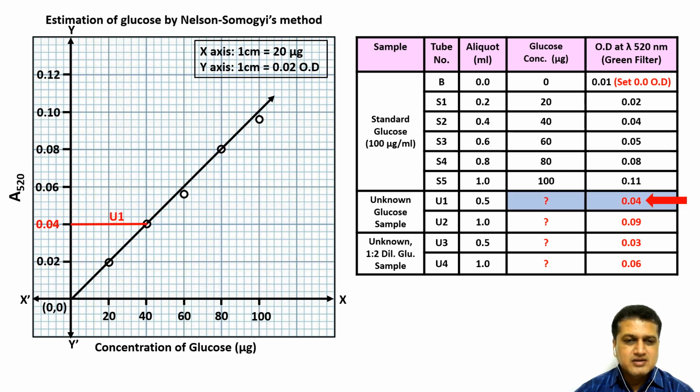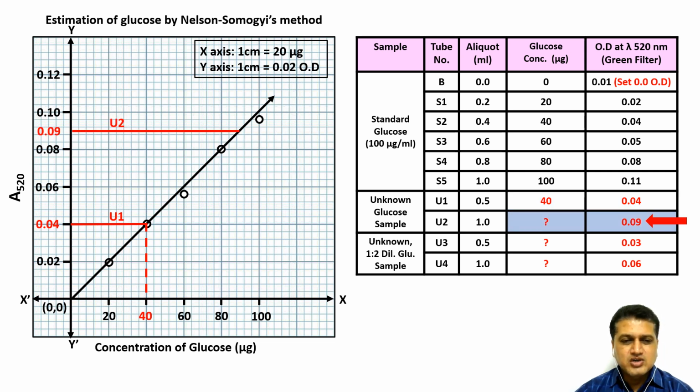For example, OD of U1 is 0.04. Connect it to plotted straight line of standard. This corresponds to 40 micrograms on x-axis. Thus, the concentration of U1 is 40 micrograms.